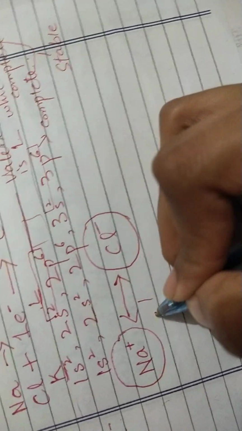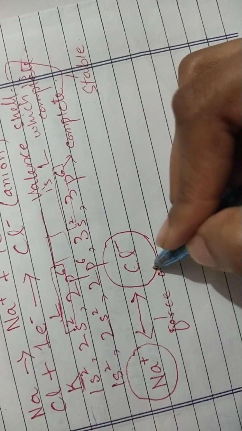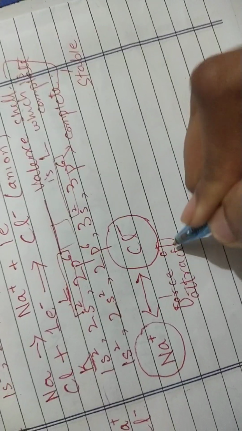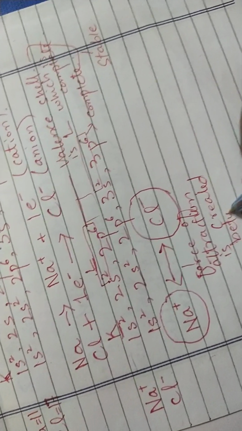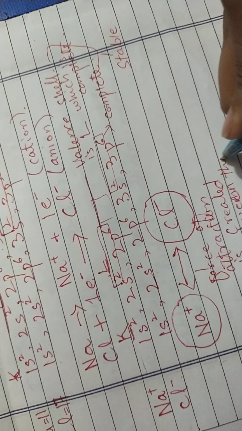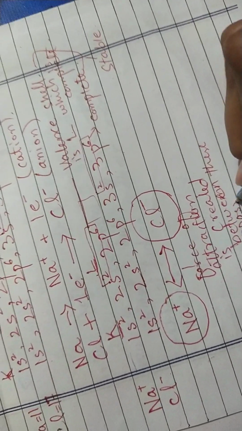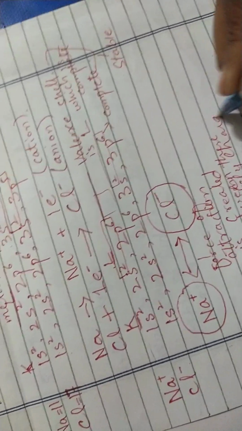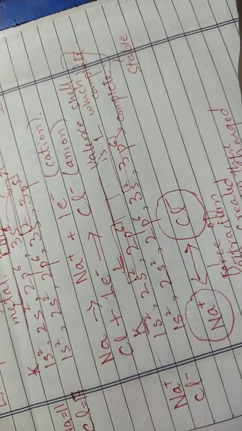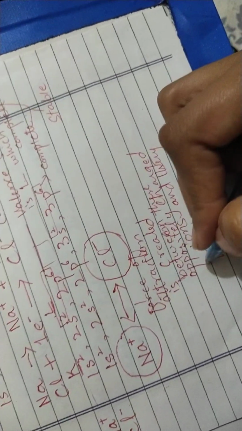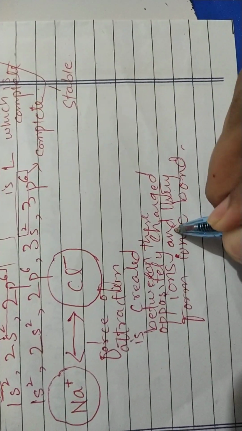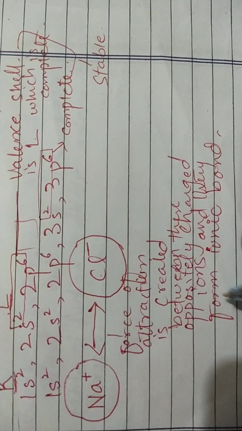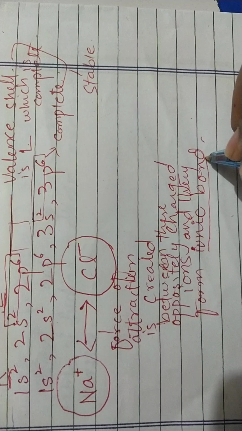A force of attraction is created between these oppositely charged ions, and they form an ionic bond, which is a very strong bond because these opposite charges attract each other with great force of attraction. It is a strong bond which is called an ionic bond.